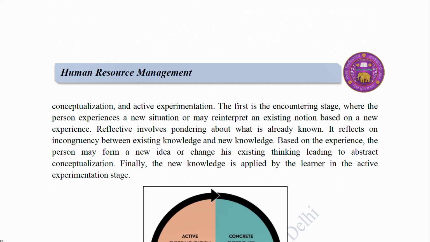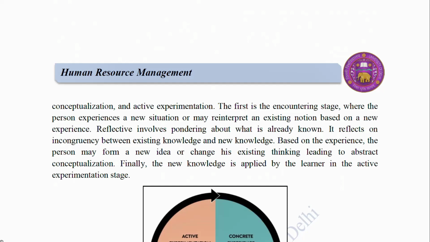The first is the encountering stage, where the person experiences a new situation or may reinterpret an existing notion based on a new experience. Reflective observation involves pondering about what is already known. It reflects on incongruency between existing knowledge and new knowledge.